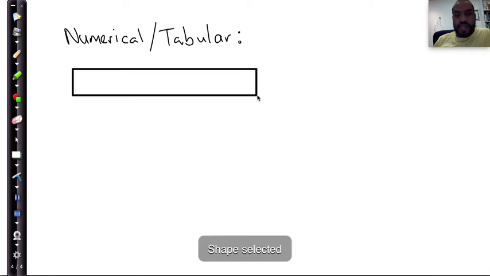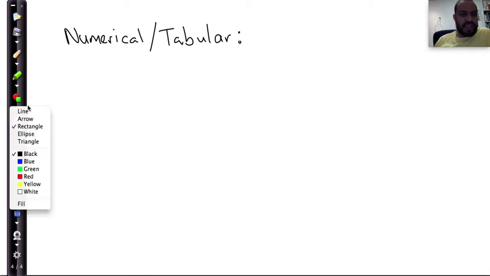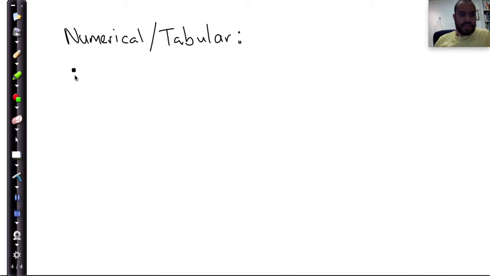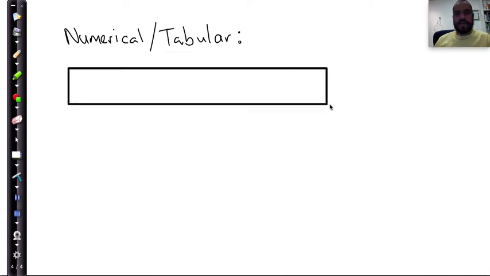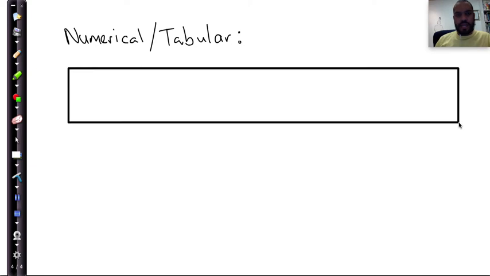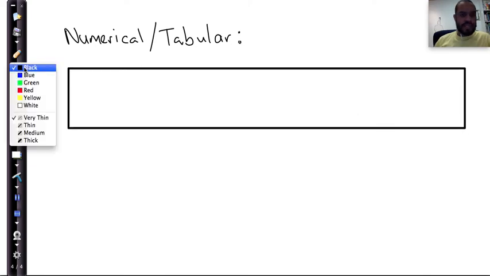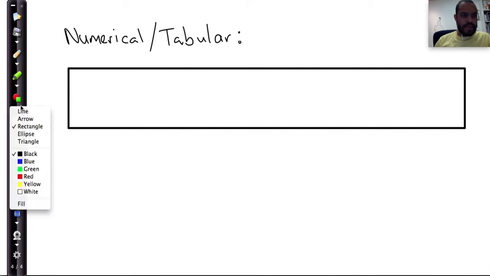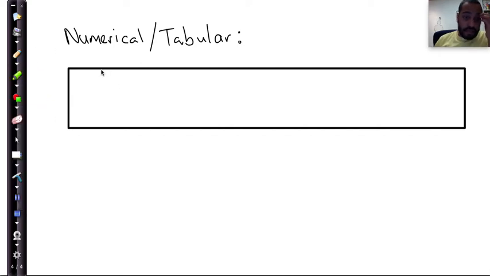So I'm going to draw a table. Let me just see if that's the thinnest pen. There are no different sizes for it, but let's just work with what we've got. So let's do that. I'm going to draw a table. Let's take a line and just do a few of those.